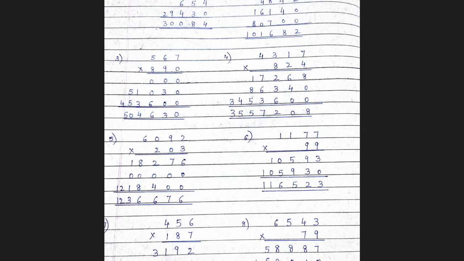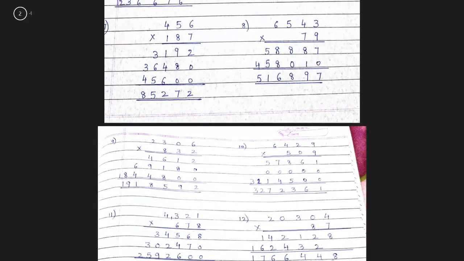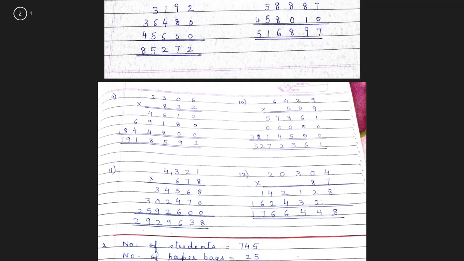Plus 1 is 1. 2 into 6, 12. Add up the numbers. 6, 7, 2 plus 0 plus 4 is 6. 8 plus 0 plus 8, 16. 6 carry over 1. 1 plus 1 plus 1, 3. And then 12. 12,36,676. Now children, this is how you need to do all these sums here.